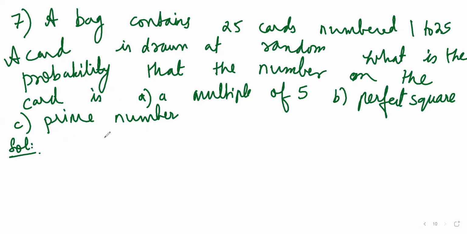So there are 25 cards numbered 1 to 25. A card is drawn at random. What is the probability that the number on the card is a multiple of 5?